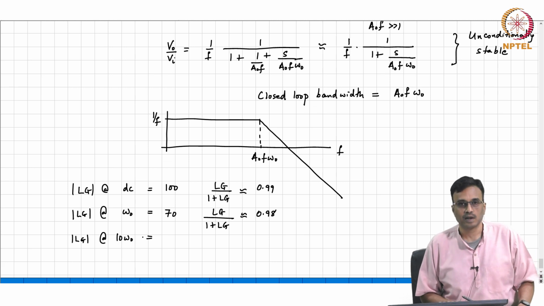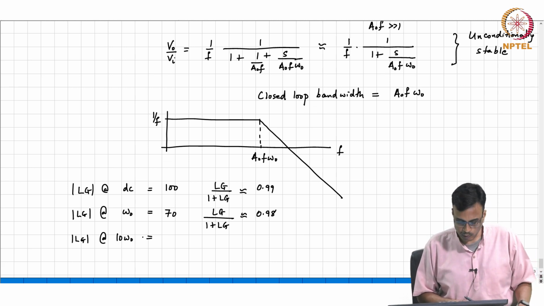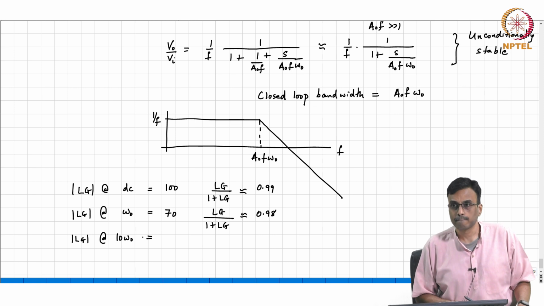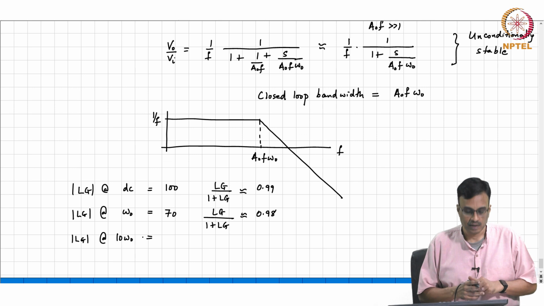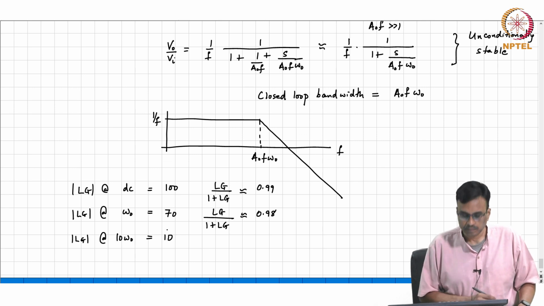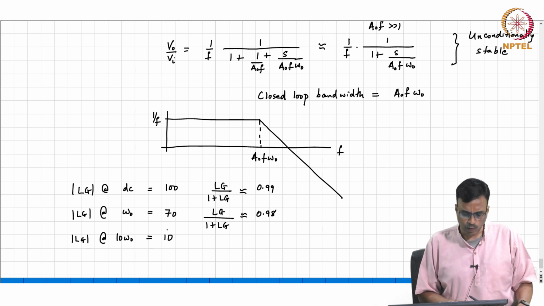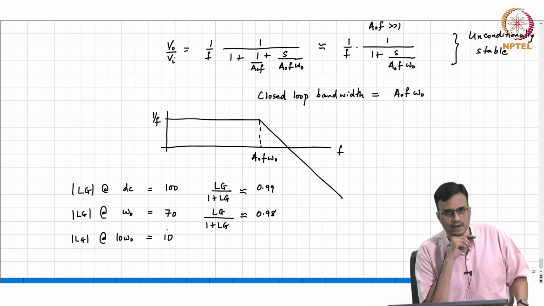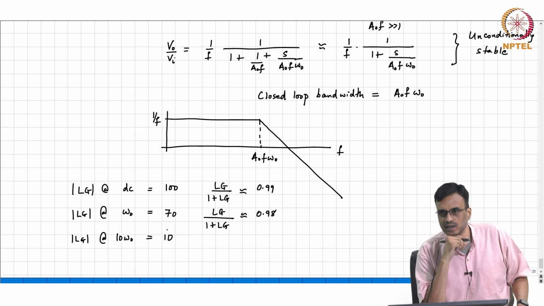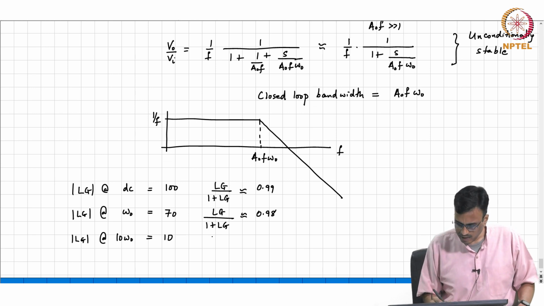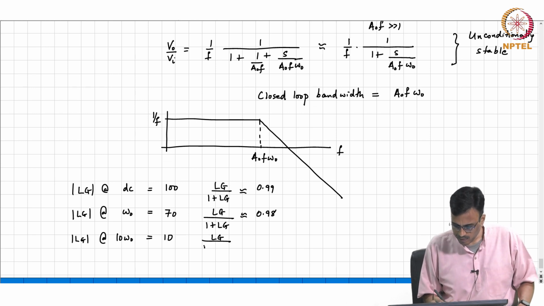Now, let us take the magnitude of the loop gain at 10 omega naught. What is it roughly? Roughly an estimate is approximately 10, right. And what will be the angle of the loop gain at 10 omega naught? It will be roughly about minus 90 degrees. But again, to get an estimate, we'll just hack it.